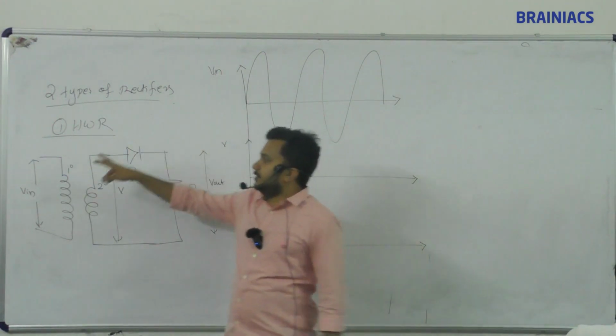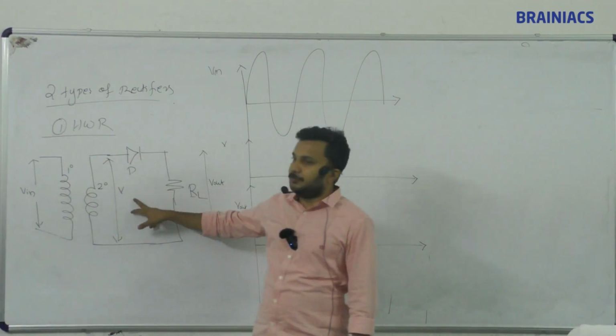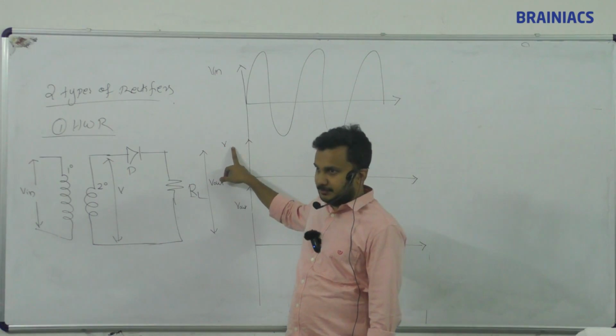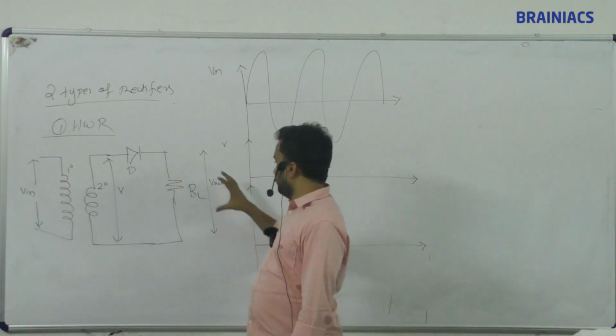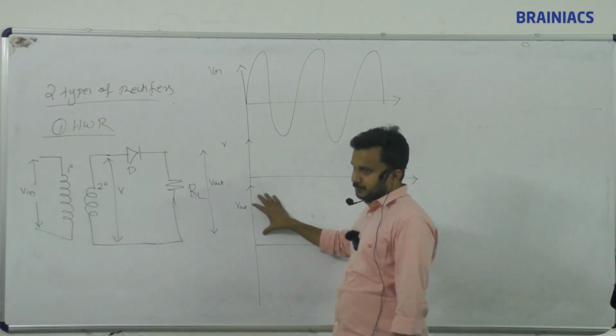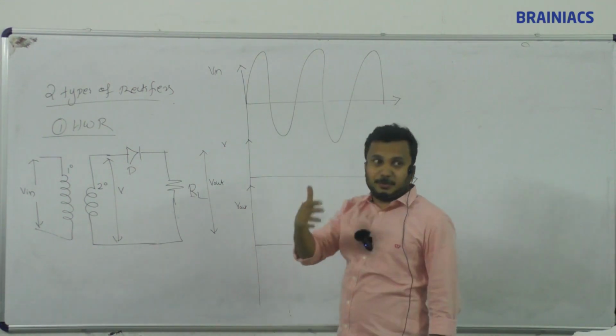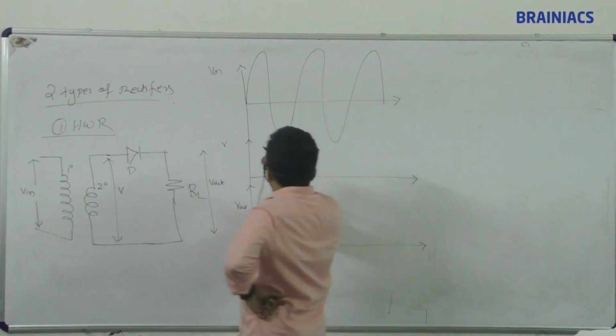This V in voltage is what we give. In the secondary coil of the transformer we are getting the V voltage, this one. The voltage that passes through the diode and comes out is V out, the third line. So this is a high voltage, high amplitude signal, and the transformer will step it down. Once it is stepped down, what will you get?